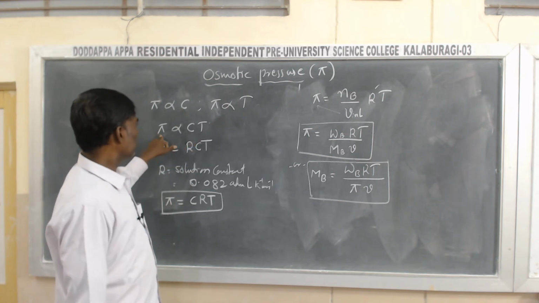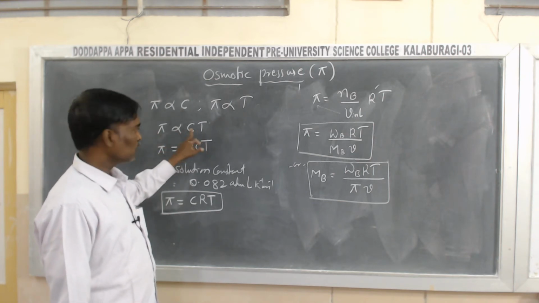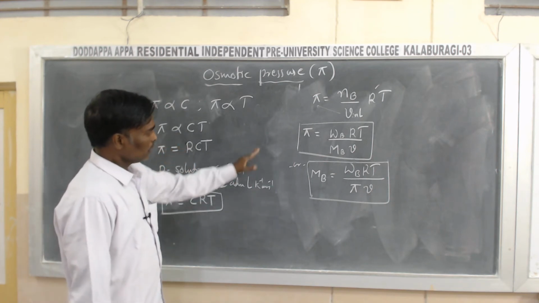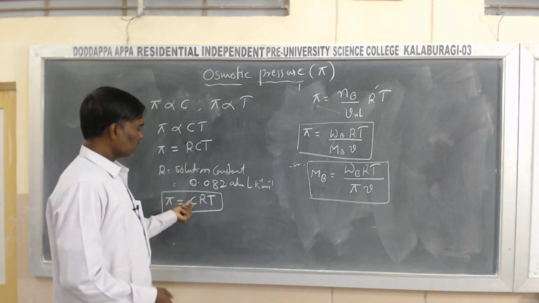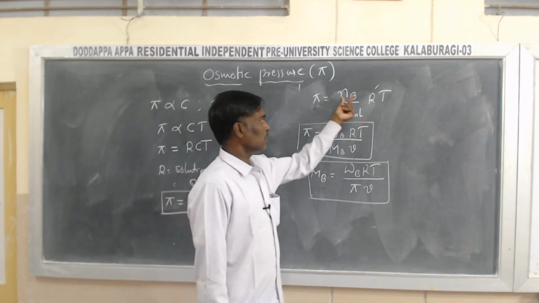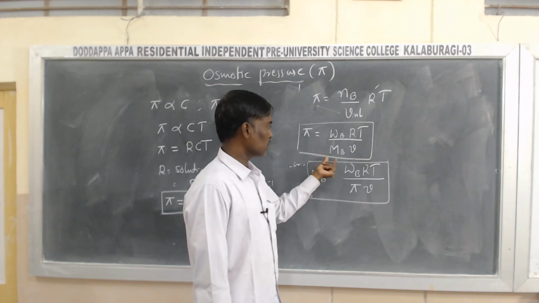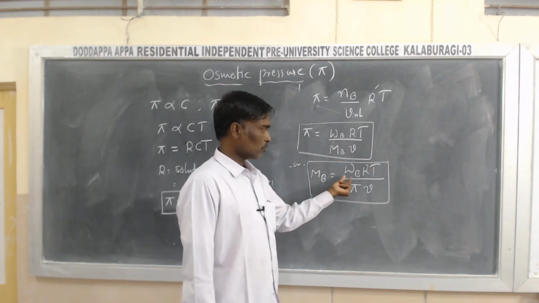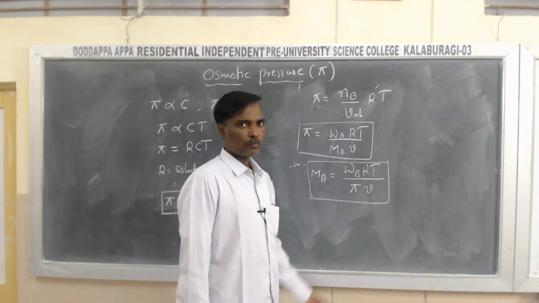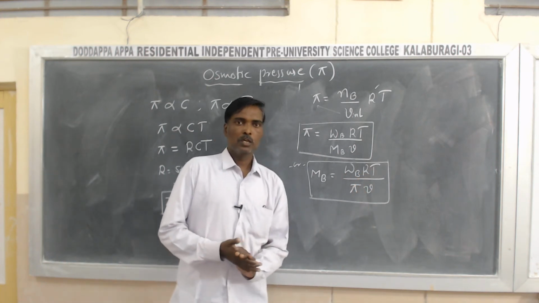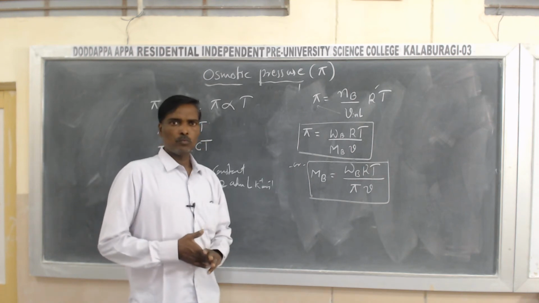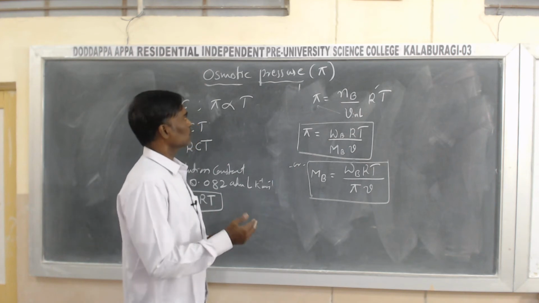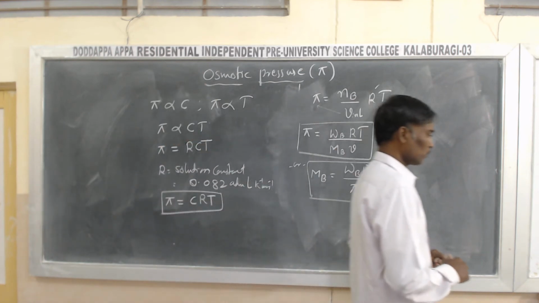Then pi is proportional to C into T. Remove the proportionality sign using R and then substitute. Change C as NB by V, and on simplification you get pi equal to WB into RT divided by MB into V, or MB equal to WB into RT divided by pi into V. So these are the two equations. Now let me solve one or two examples on osmotic pressure, and later I will continue the discussion on the same concept.